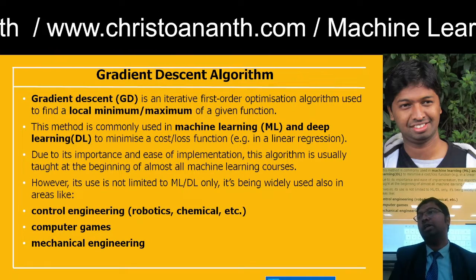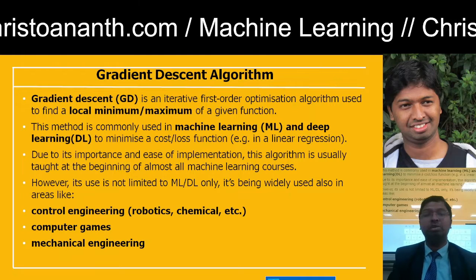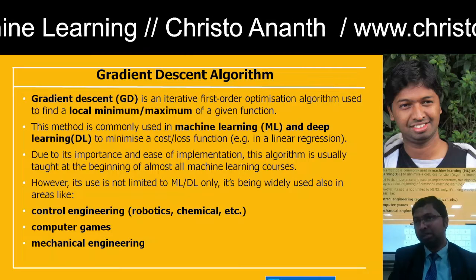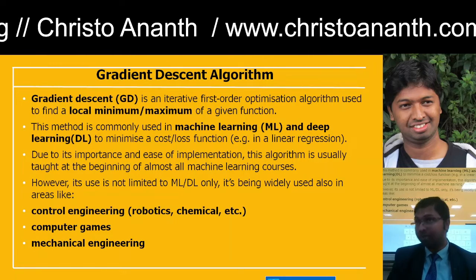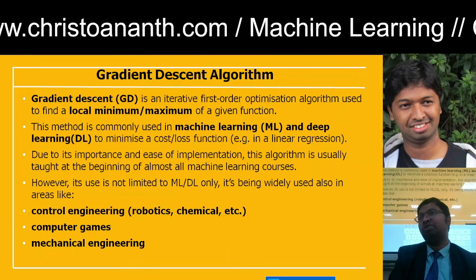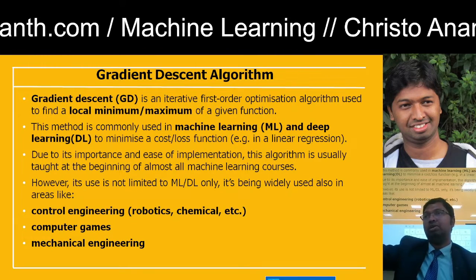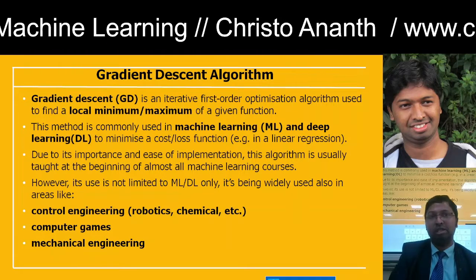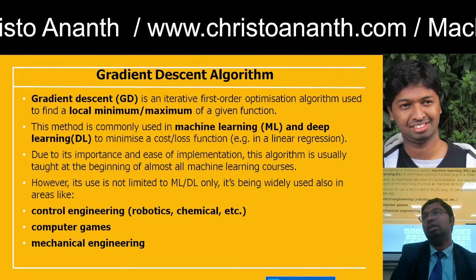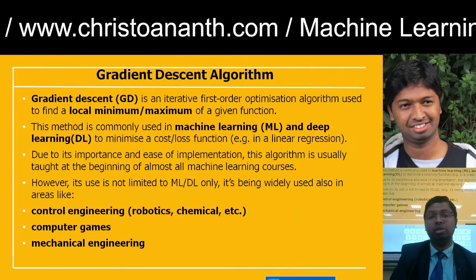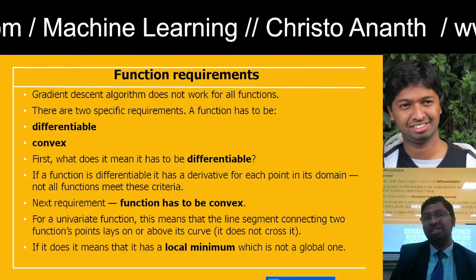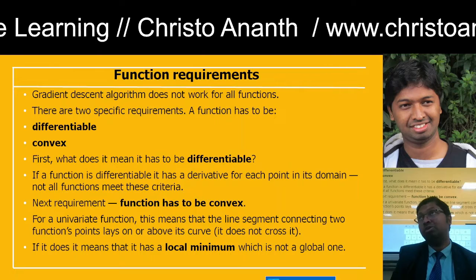And in real-time applications, you can use it for control engineering like robotics or the chemical sector, and of course in computer games, online games like PUBG or Free Fire, for the step size. And in mechanical engineering, like mechanical automation or manufacturing, you can go with the gradient descent algorithm.